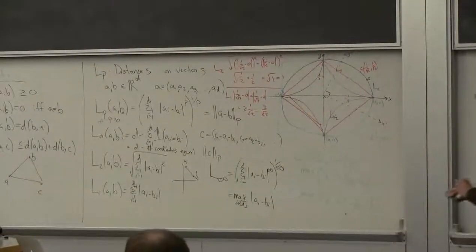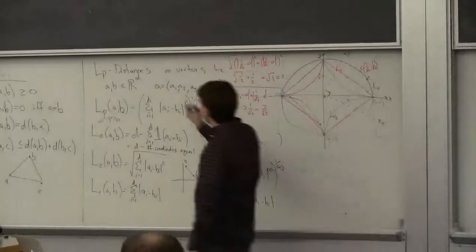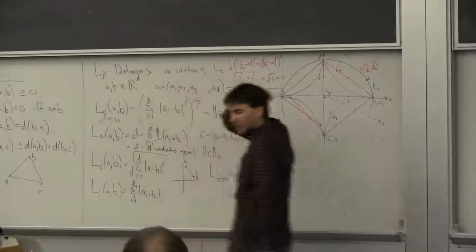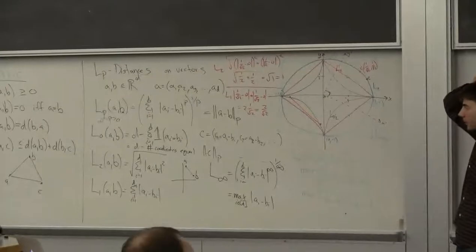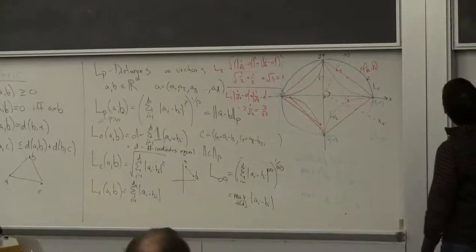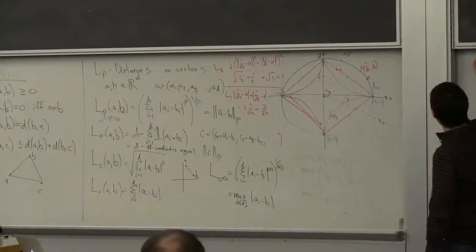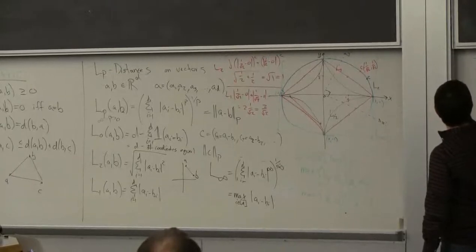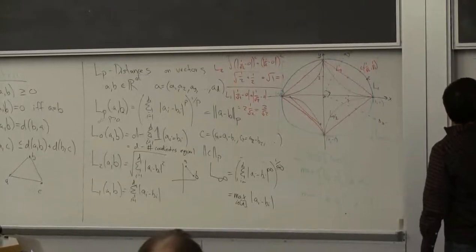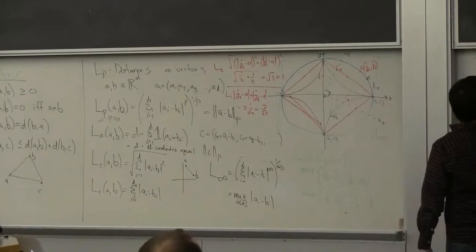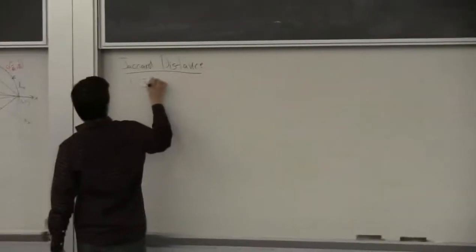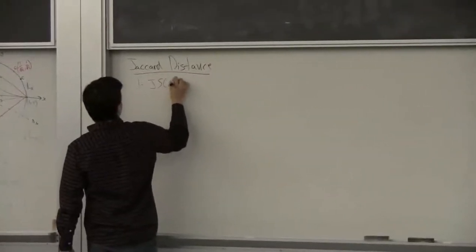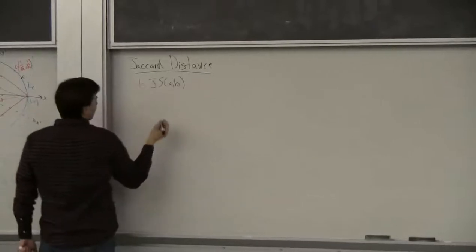All right, so we talked about the Jaccard distance already. This was 1 minus the Jaccard similarity between these 2 points.